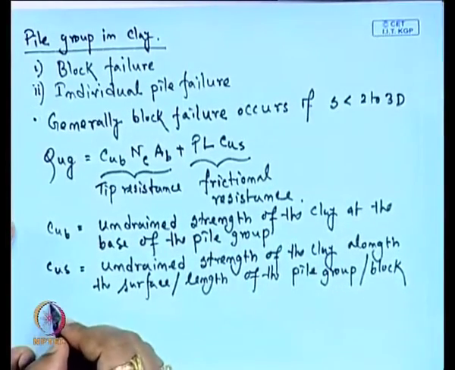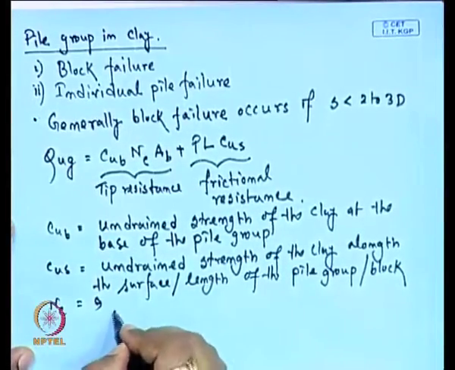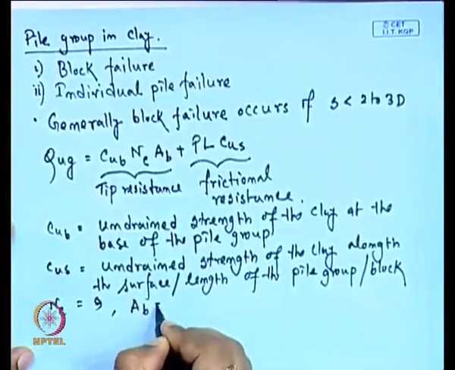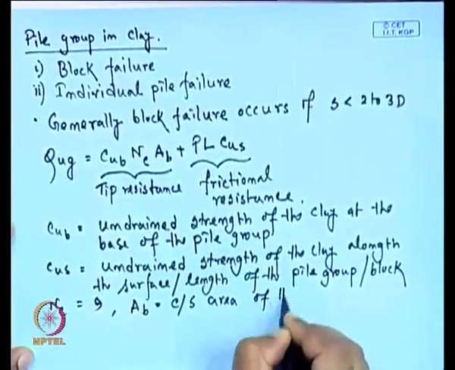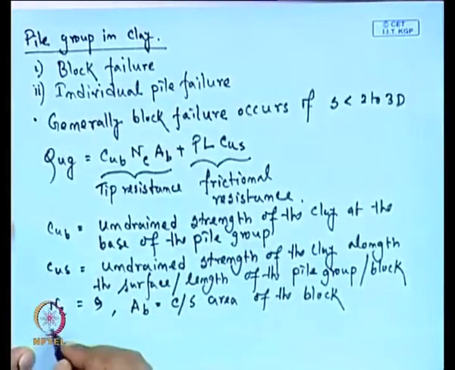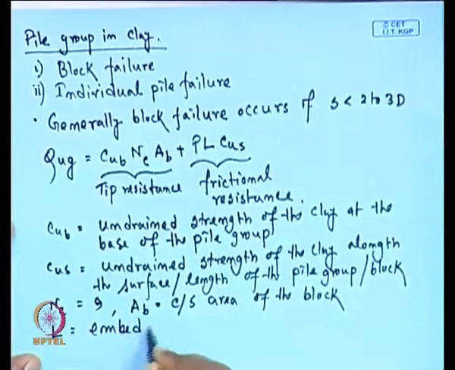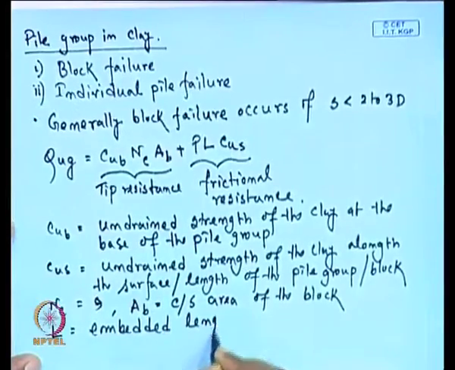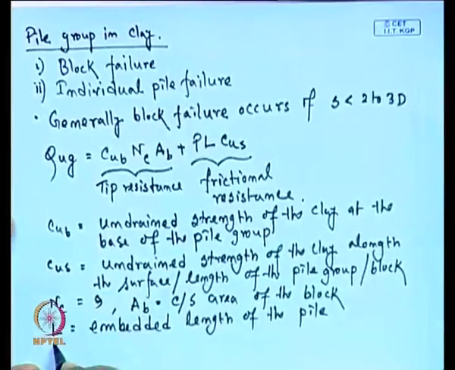Similarly, N_c is equal to 9, like the single pile. Then A_b is the cross section area of the block. L is the embedded length of the pile, and P is the perimeter of the block.